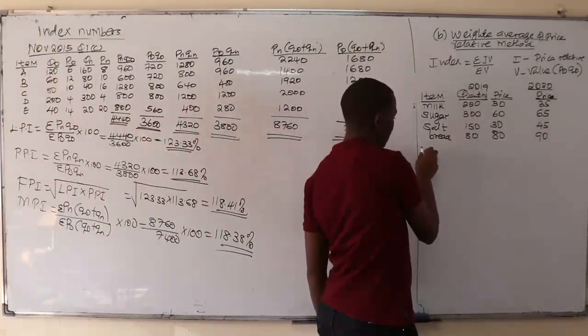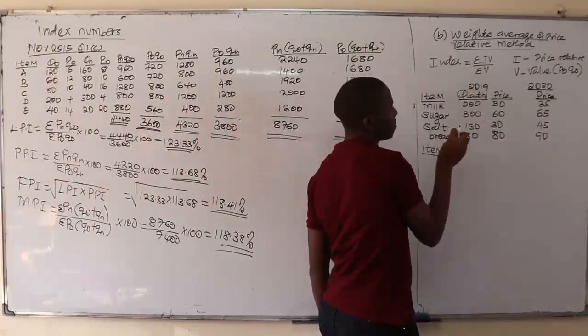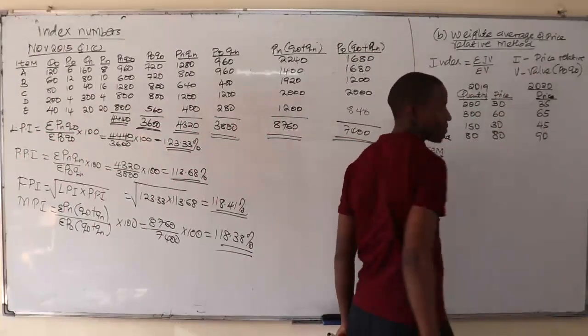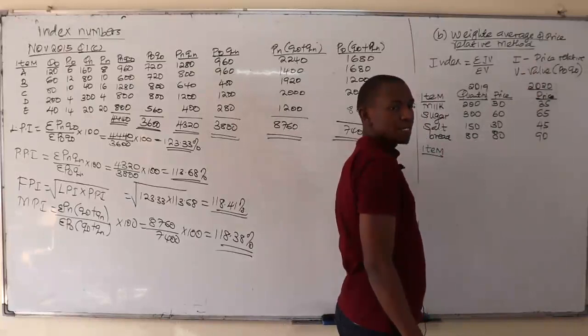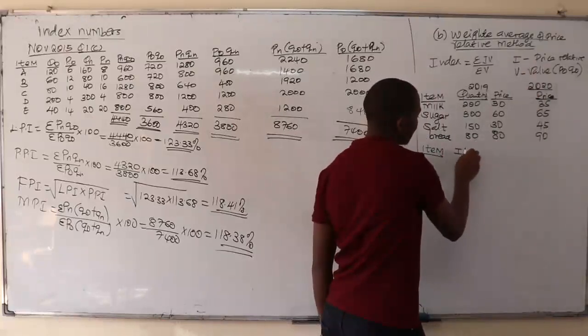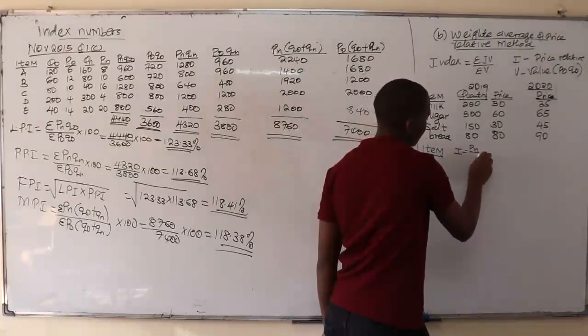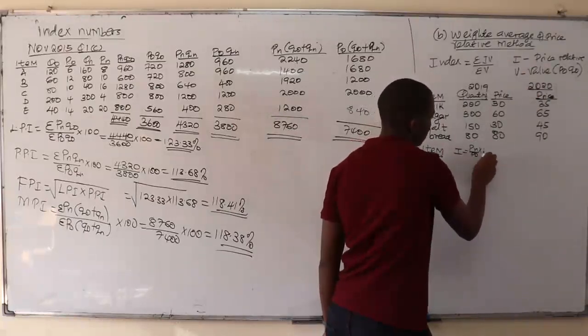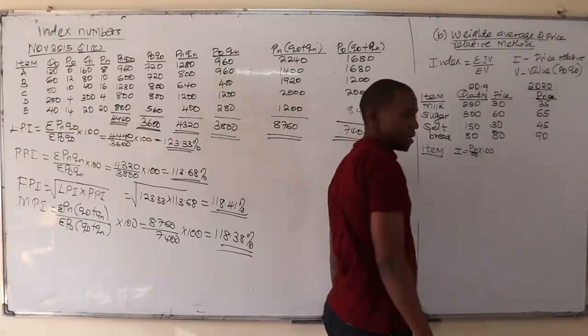So first, for us to get I, the price relative, which is the price index, it will just be Pn over P0, multiplied by 100.